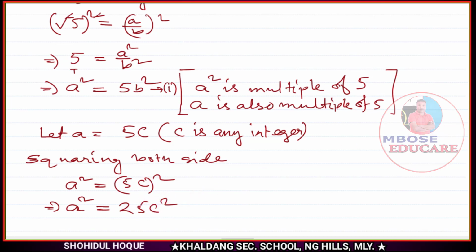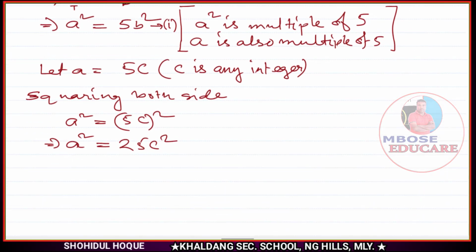Here from equation 1, a square equals 5b square. So in the place of a square, we can write 5b square from equation 1. Right hand side already we have 25c square.